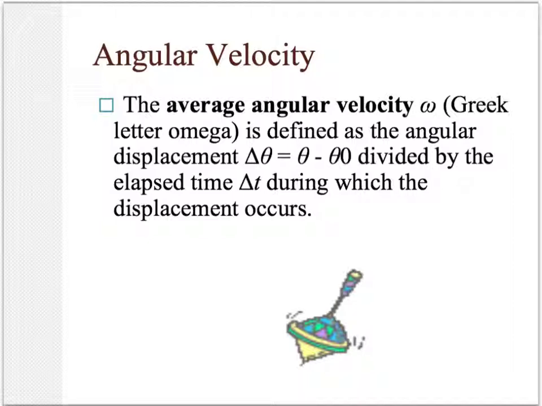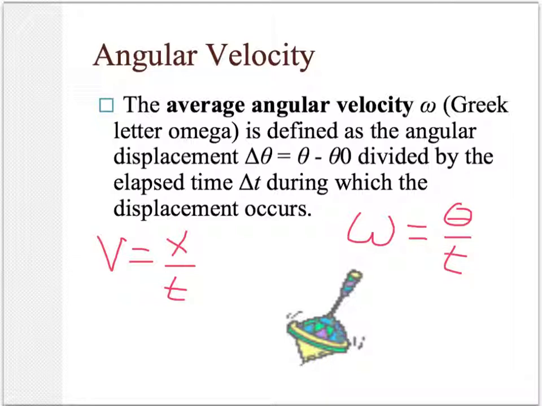In linear terms, velocity equals displacement divided by time. And in angular terms, angular velocity is equal to angular displacement divided by time. That seems awfully familiar.